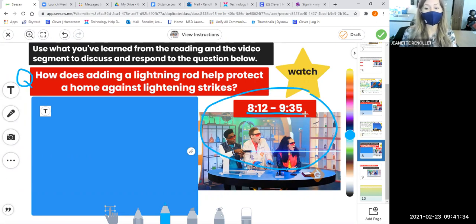Notice there are timestamps here. This question is talked about in the video from 8 minutes and 12 seconds to 9 minutes and 35 seconds. You don't have to watch the whole video, but you can go to this part to learn about how does adding a lightning rod help protect a home against lightning strikes.